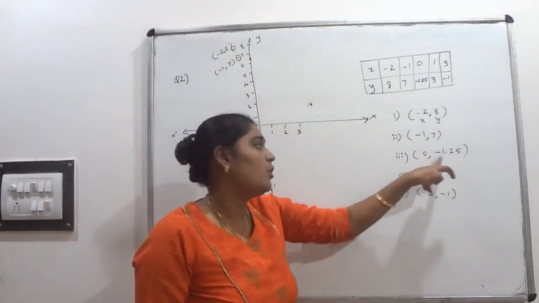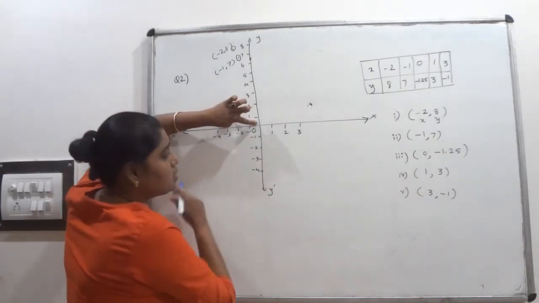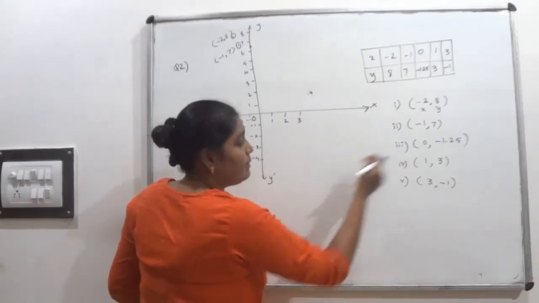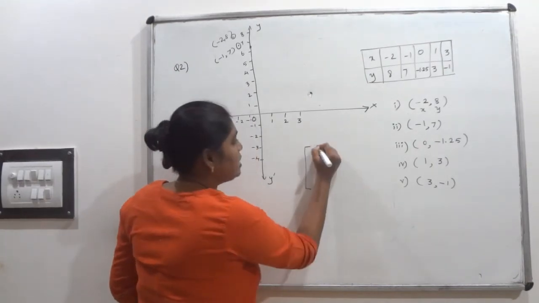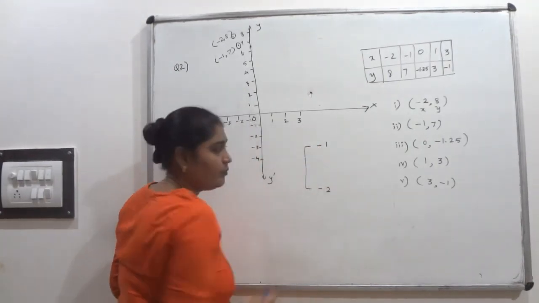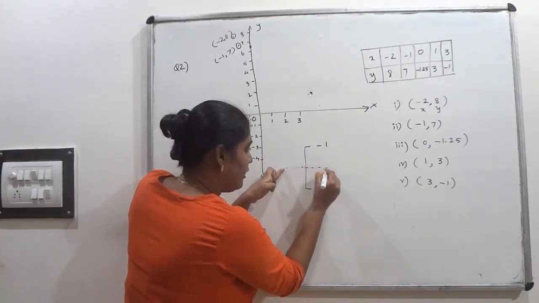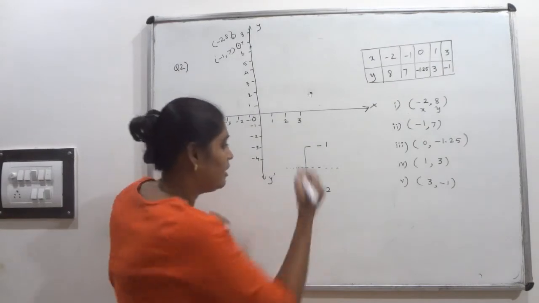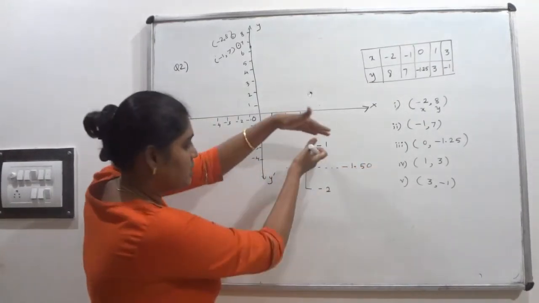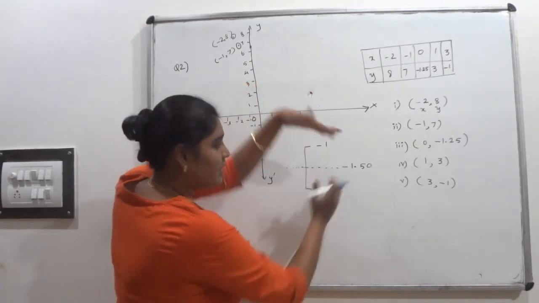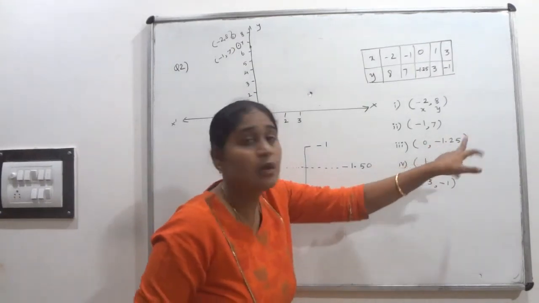Then (0, -1.25). 0 is here, and minus 1.25 will lie between minus 1 and minus 2. The exact center line between minus 1 and minus 2 is minus 1.5, but I need minus 1.25.